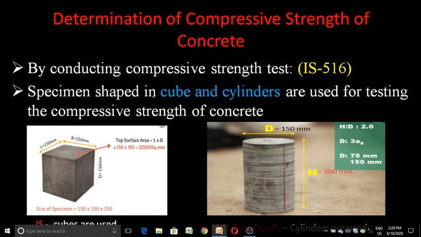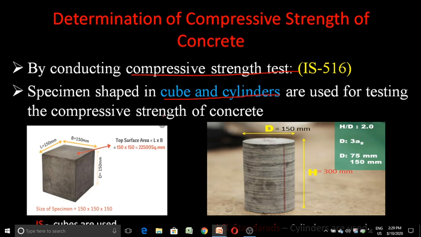This can be determined by conducting a compressive strength test on concrete samples. This test can be done as per the IS specification IS 516. For performing this test, we require some samples, and those samples are made in the shape of cubes and cylinders.